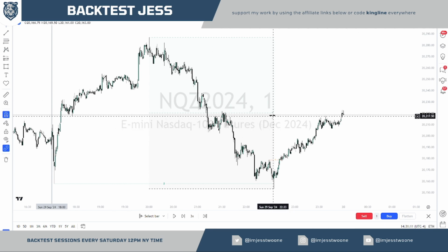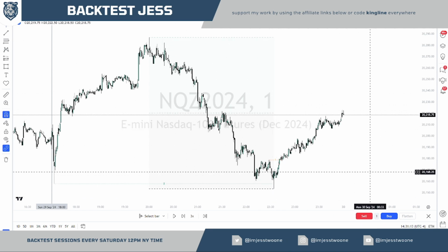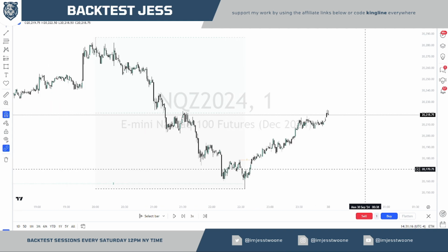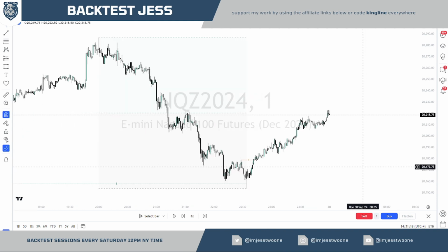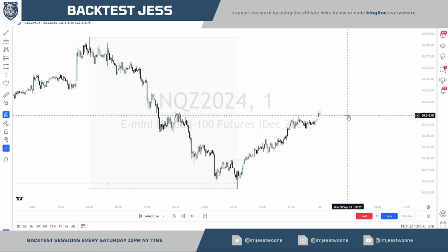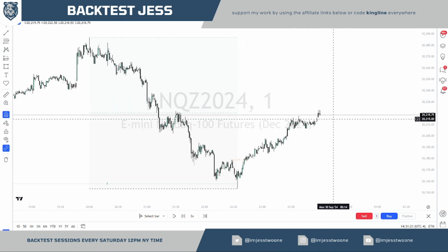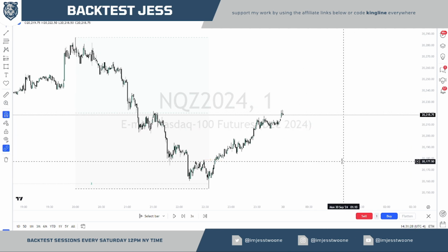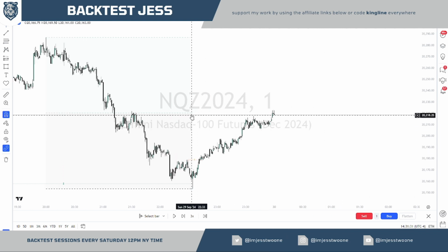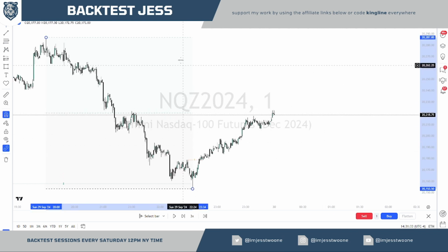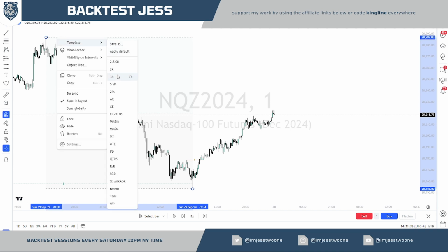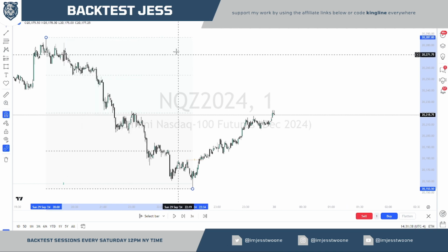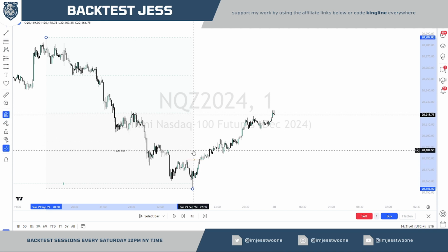So once we get to equilibrium of our range, what I want to see, not to prove that I'm right, but to indicate to me that we will trade higher, is levels acting as support and resistance, for lack of better terms, right? For a very basic idea, instead of only using premium and discount, you can change this into quarters, where you have 25, 50, 75 also delineated here.